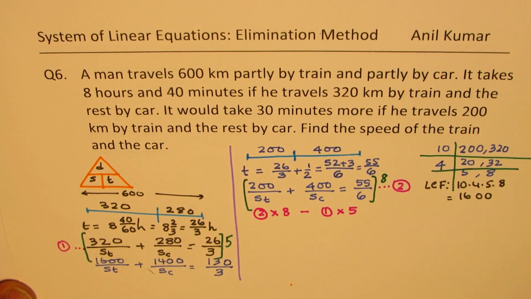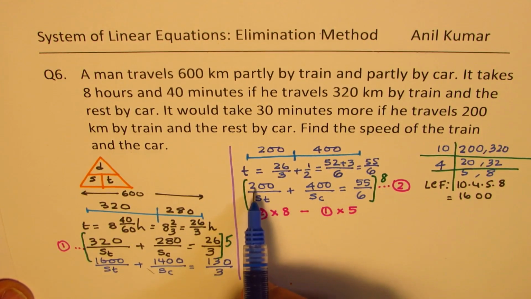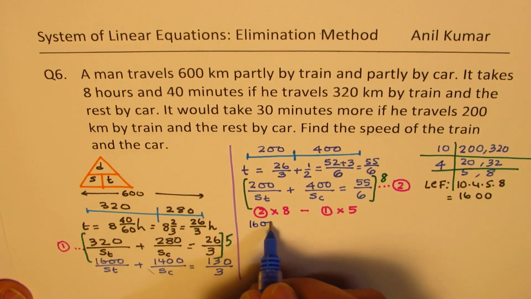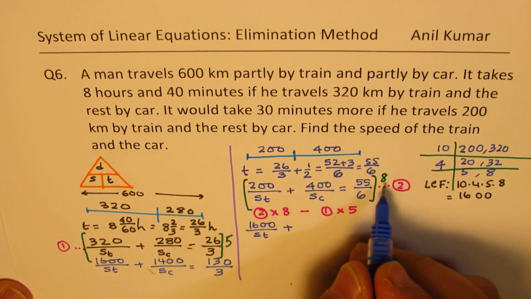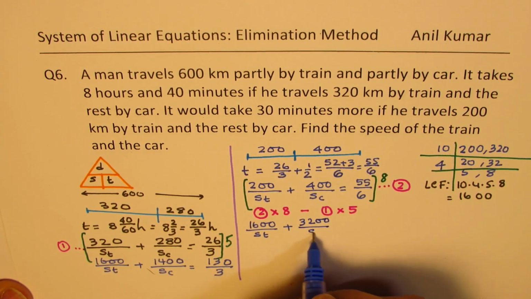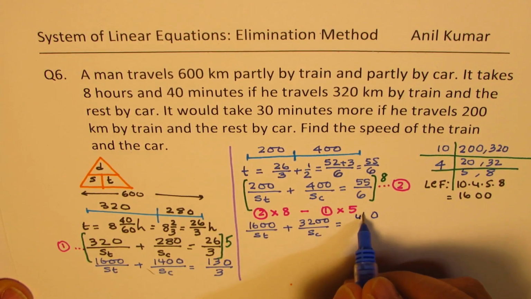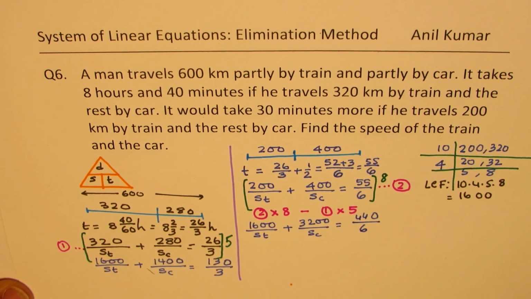Clear? So that is what you get in this case. Here, when you multiply by 8, you do get 1600 over speed of train plus 8 times 400 is 3200 over speed of car equals 8 times 55, 440 over 6. Clear? So this is after multiplying by 8.